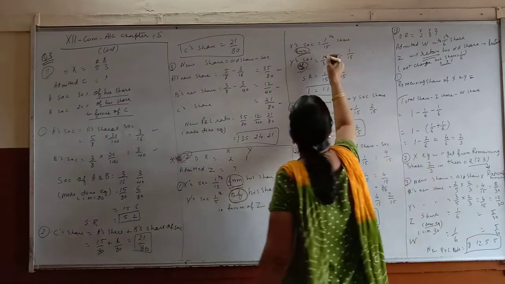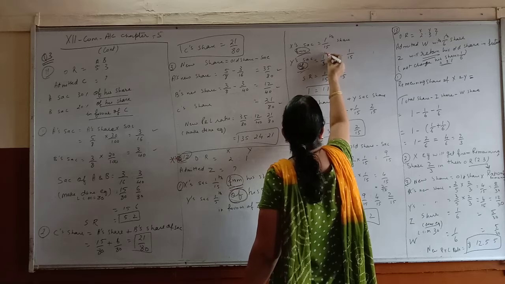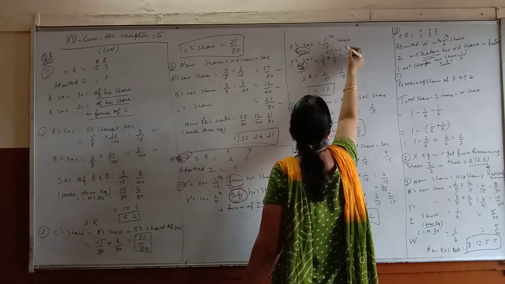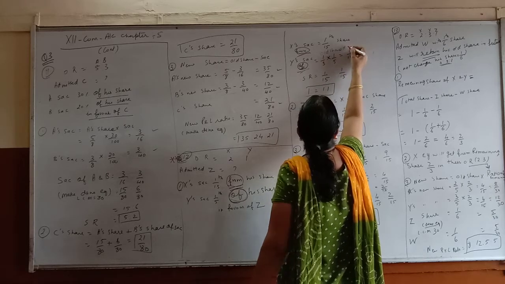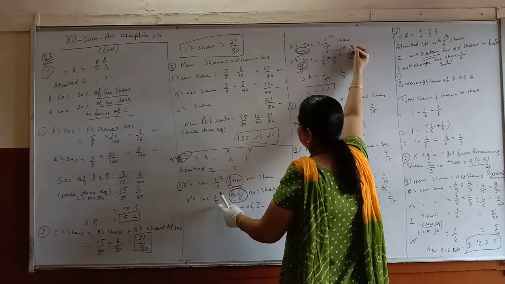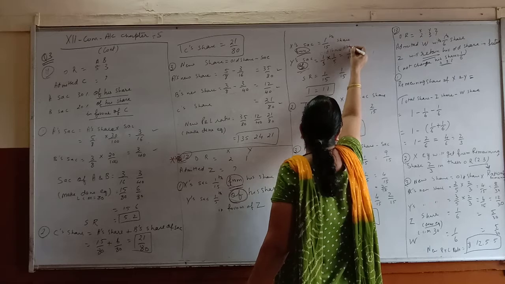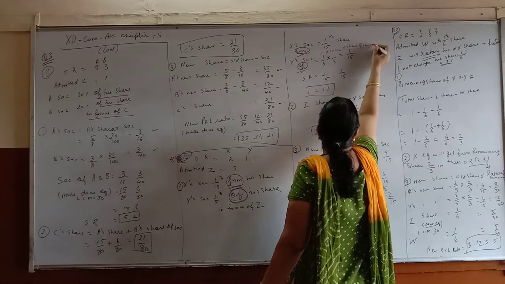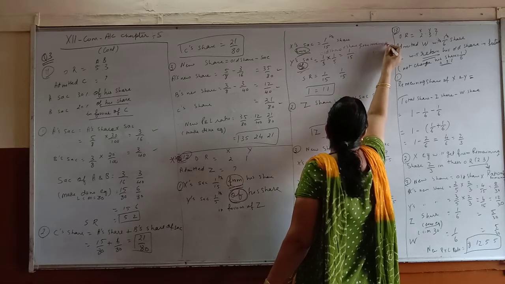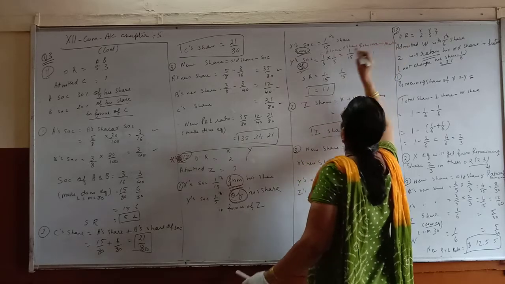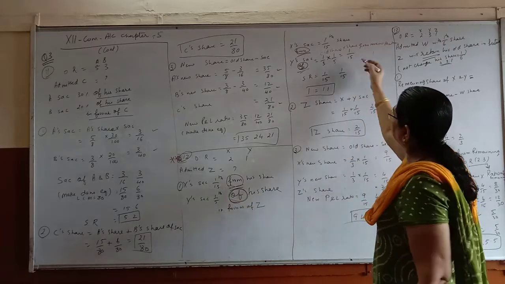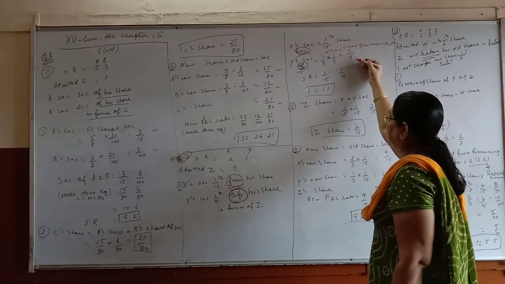So this is old share multiplied by the share given to the new partner. So 1/5. How much is going to give? 1/5. So you will get 1 upon 15.